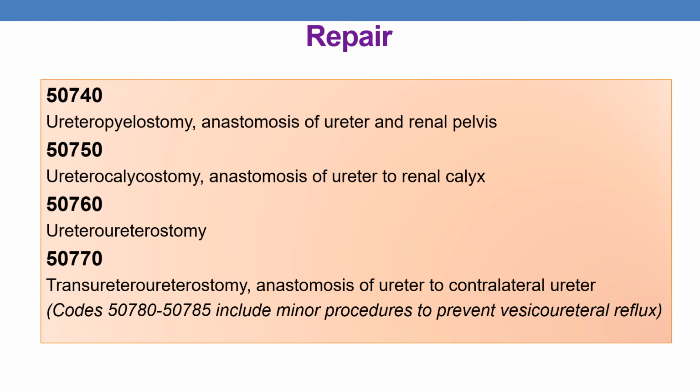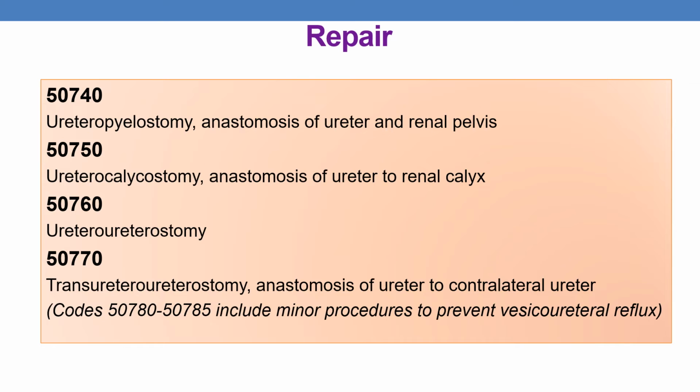The next CPT is 50740, ureteropyelostomy, which is nothing but anastomosis of ureter and renal pelvis. The next is 50750, ureterocalycostomy, anastomosis of ureter to renal calyx. The next is 50760, ureterostomy.